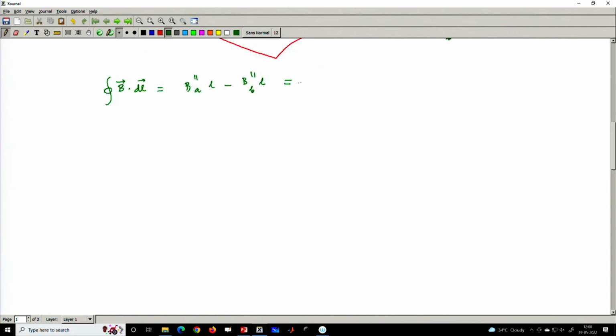So, now this quantity is equal to mu 0 I enclosed, and I should write simply mu 0 times the surface current density multiplied by L, that is all. Then we simply have B parallel above minus B parallel below is equal to mu 0 K.